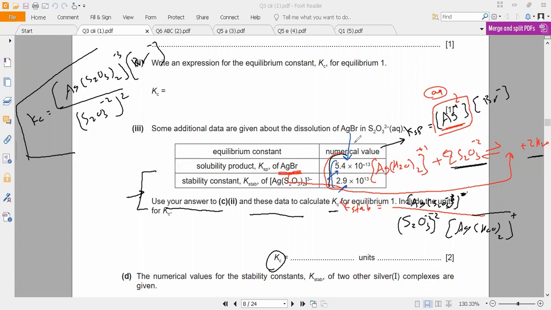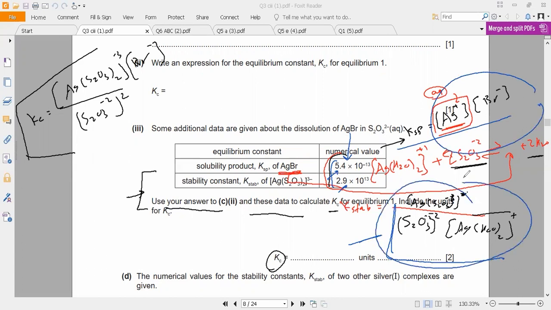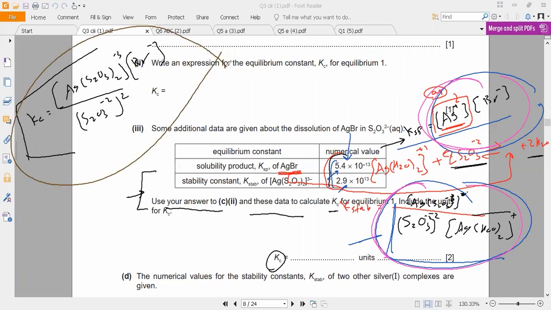To know what we are supposed to do, guys, we will use these two equations here, these two equilibrium equations. I will try either to multiply this one by this one, or to divide this one by this one, or the other way around, to get the original equation.